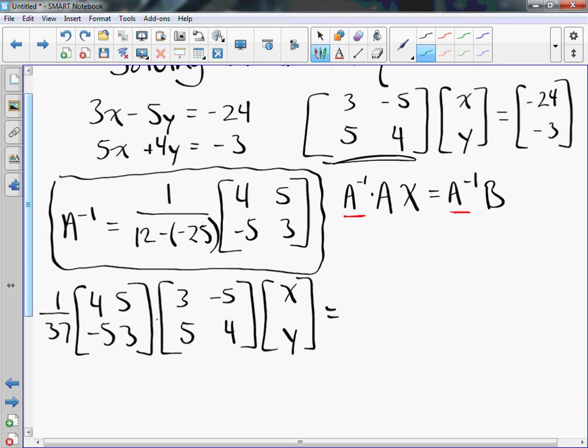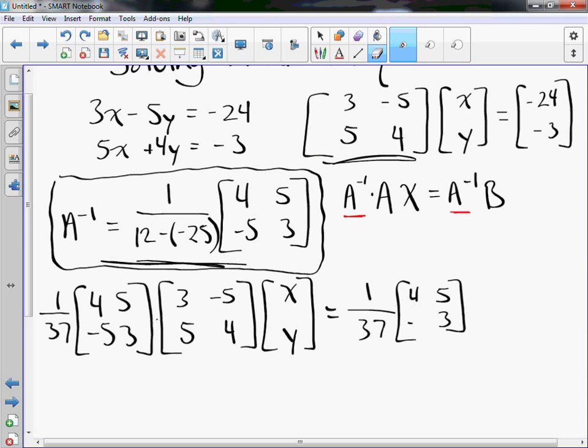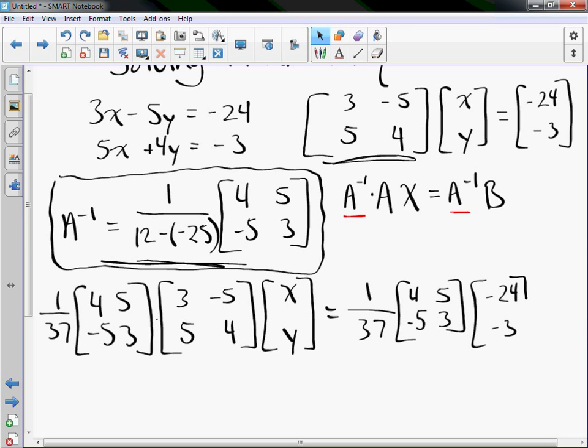And then I need to left-hand multiply that same inverse matrix. 4, negative 5, 5, 3, and I have trouble writing my 5s up here. Back to that, and then negative 24, negative 3.